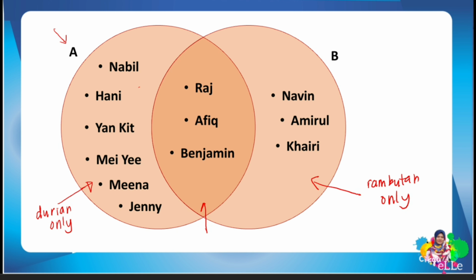And this one is for durian and rambutan. So this is how you represent the intersection of sets by using a Venn diagram.